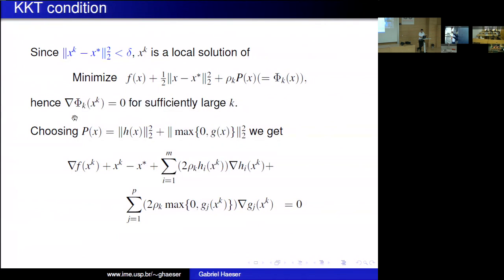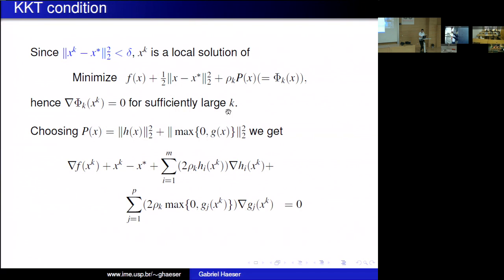Let's compute the derivatives of phi k. The derivative of f is the gradient of f at xk. The derivative of this thing here is simply the sum of the squares of the difference xi minus x star. So when I compute derivatives, I have this vector here.